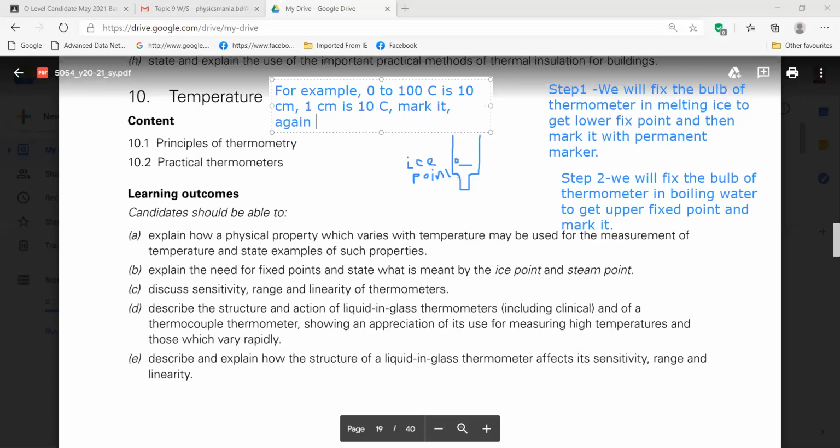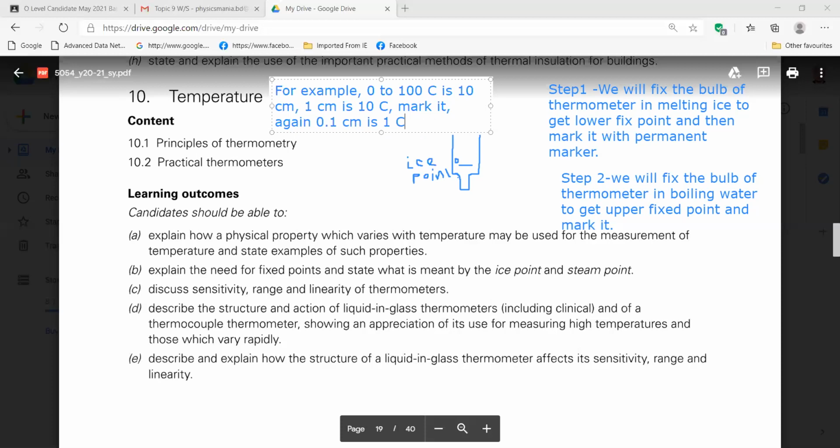And again, 0.1 centimeter is 1 degree Celsius, right? Yes. That means 1 centimeter you can divide into 10 equal parts, right? Yes.